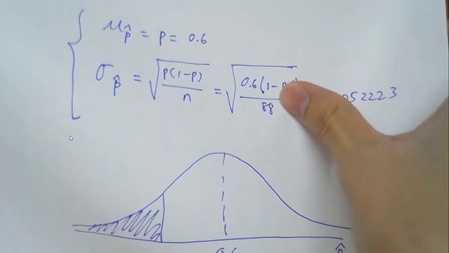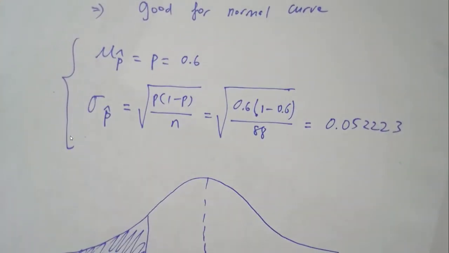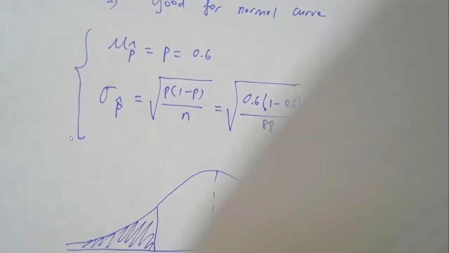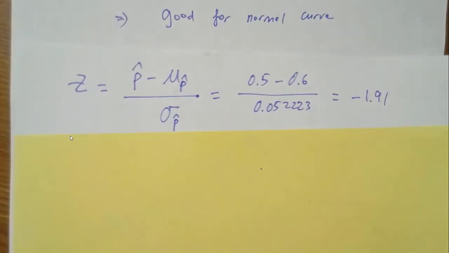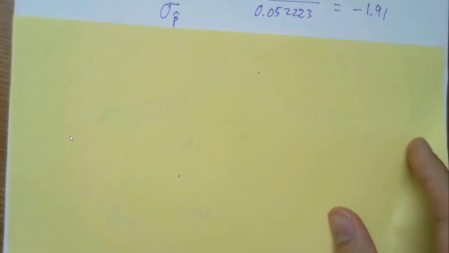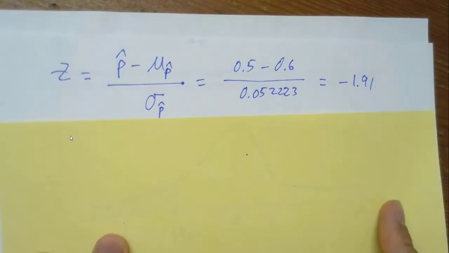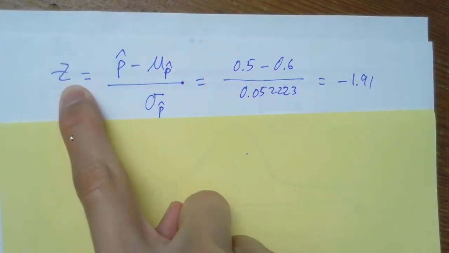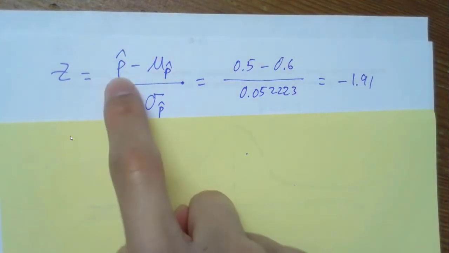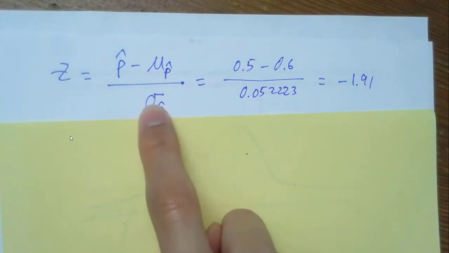I can use the z-score value. The z-score is equal to the sample proportion minus the mean of the sample proportion, divided by the standard deviation.